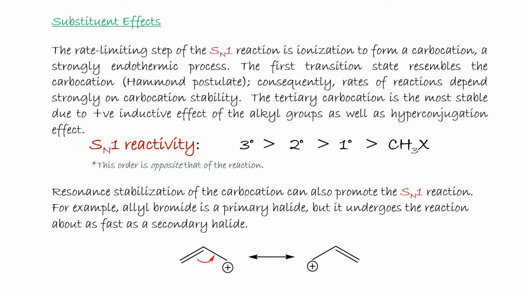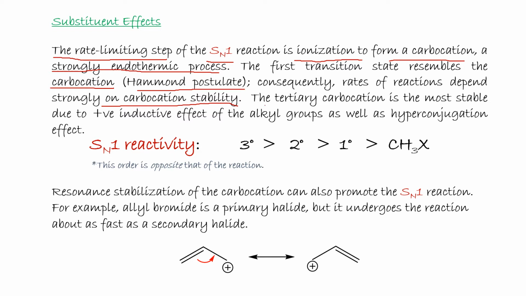Substituent effects. The rate limiting step of the SN1 reaction is the ionization to form the carbocation, a strongly endothermic process. The first transition state resembles the carbocation, per the Hammond postulate. Consequently, the rate of reaction depends strongly on the carbocation stability.